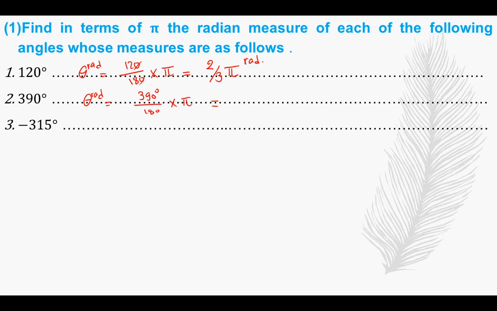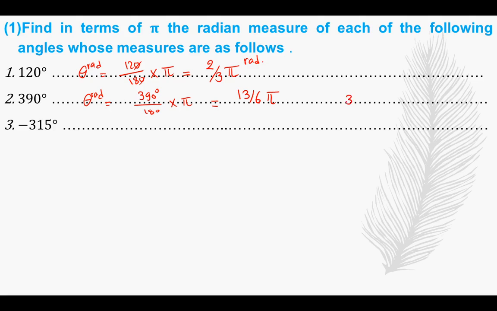Put it on your calculator, 390 over 180, and this equals 13 over 6, so you can write 13 over 6 pi. The second method: you can simplify 390.